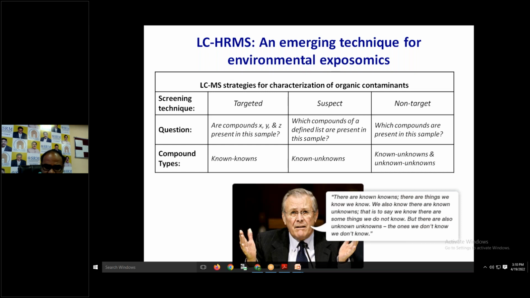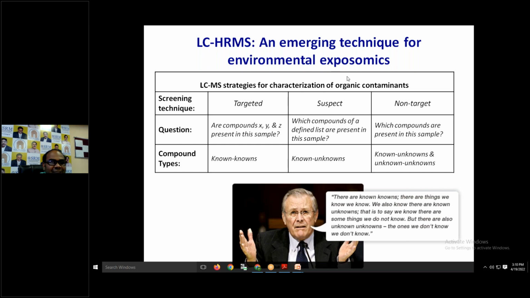We also know there are known unknowns, some unknowns which we don't know, and that is why we are going to characterize. But there are also unknown unknowns, the ones we don't know that we don't know. So it's a very complementary thing to this particular study.